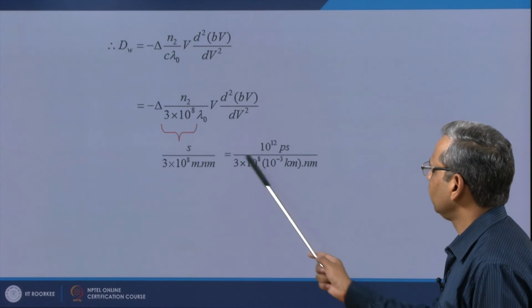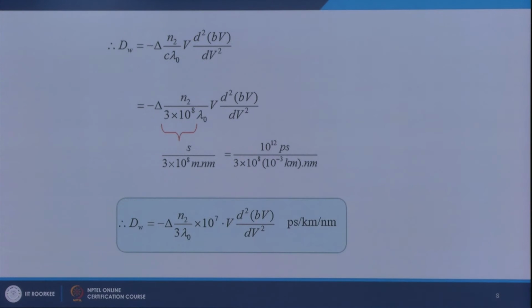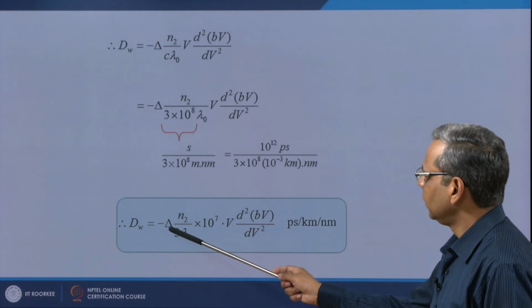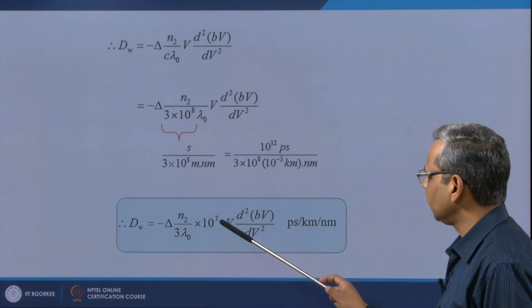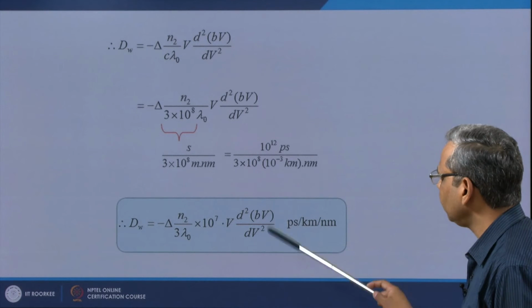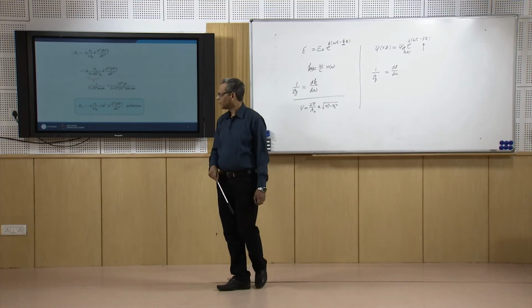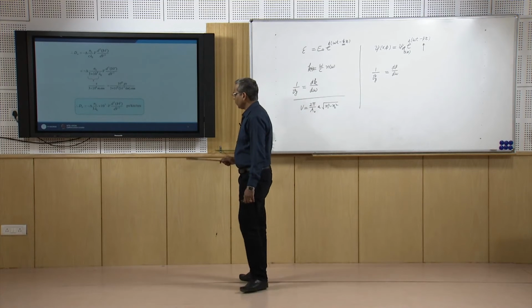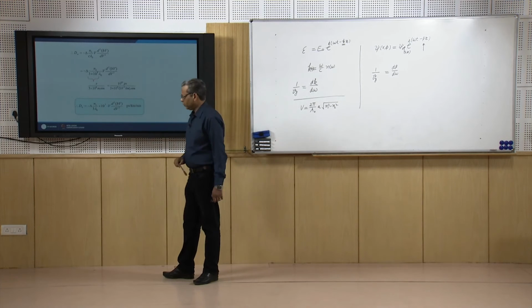This meter I can convert into kilometers and I retain this nanometers. So, it will become minus delta times n2 by 3 lambda naught times 10 to the power 7 times V d2 bV over dV square in picoseconds per kilometer nanometer, where lambda naught should be put in nanometers.